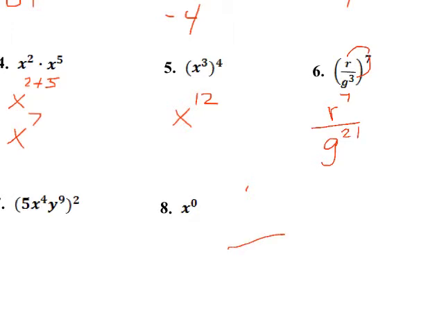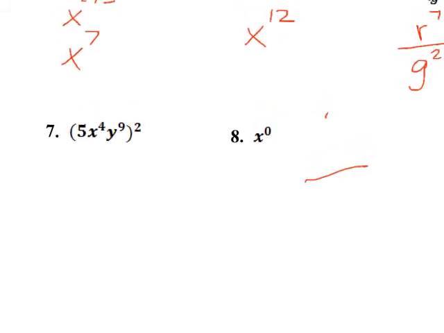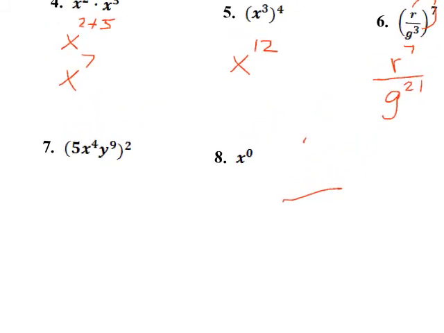Alright, let's look at the next one over here. A lot of stuff going on in this one. Again, you have this variable on the outside, so I'm going to distribute this. You have to distribute it to everything: the 5, the x to the 4th, and the y to the 9th. What you have to remember is that this 5 has an exponent. Even though it's not written, it has one, and that exponent is a 1.